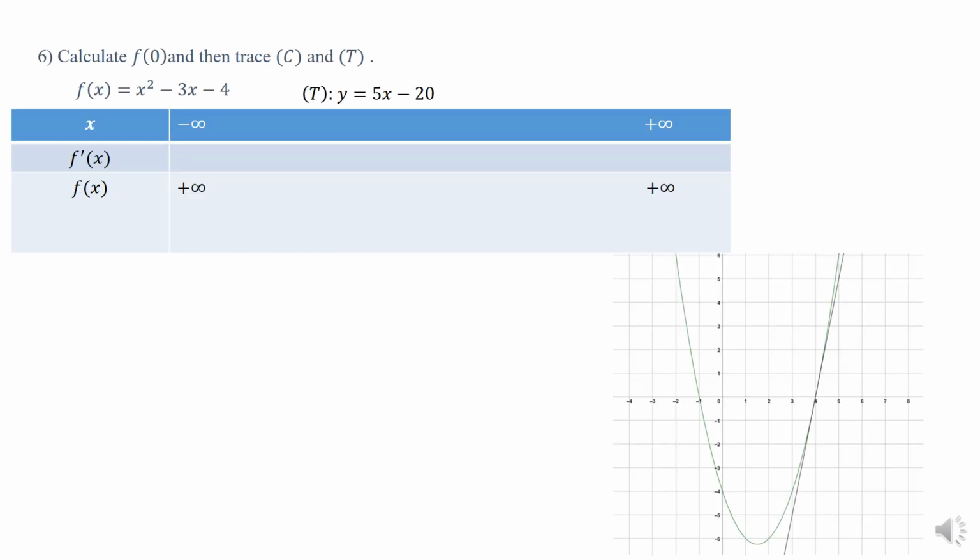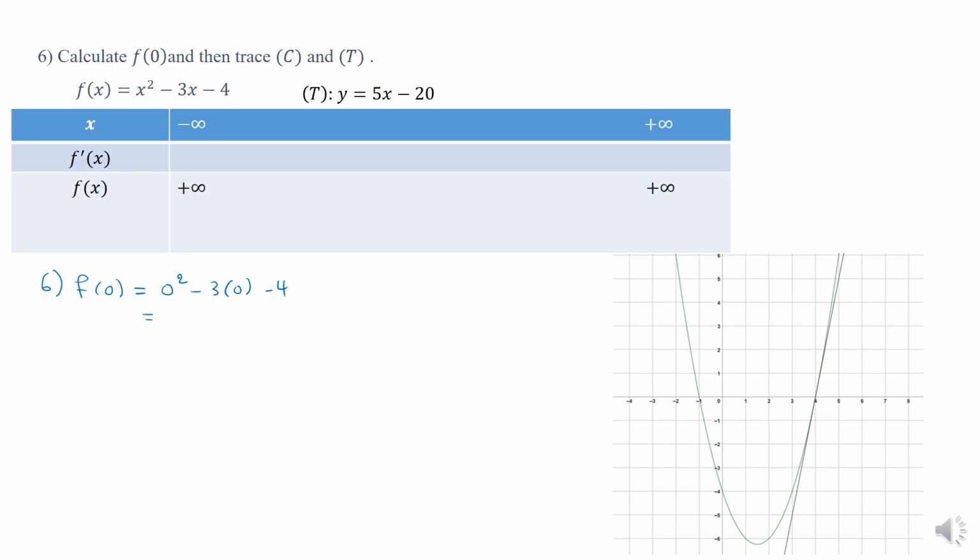Calculate f of 0 and then trace C and T. I'm not going to trace T, it's easy. Now let's calculate f of 0 and trace C. So this is part 6, f of 0 is equal to 0 squared minus 3 times 0 minus 4.